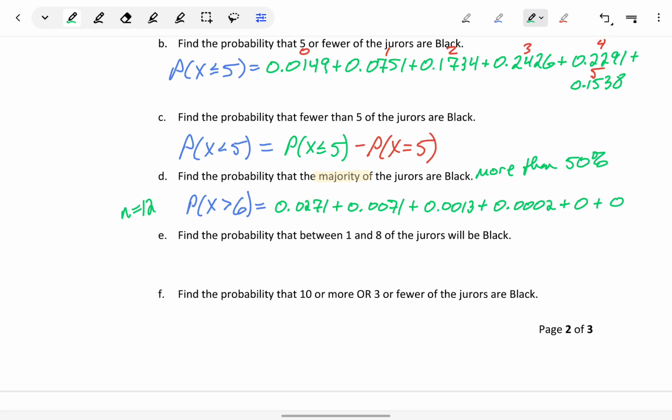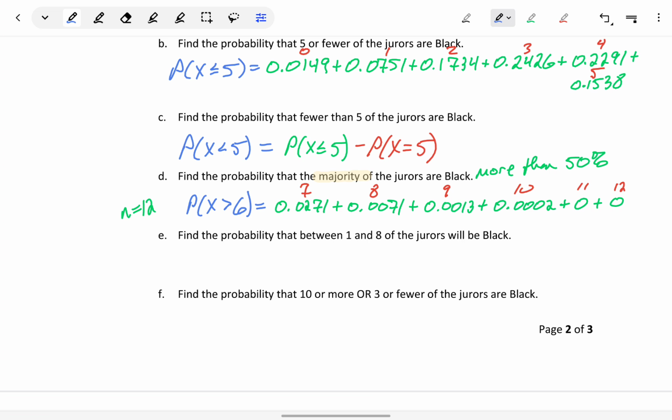They're just values that once we round to 4 decimal places, round down to 0 rather than rounding up to 0.0001. So they are approximately 0. But these are our values for X being exactly equal to 7, 8, 9, 10, 11, and 12. And again, adding those together would give us that total probability that we're after.